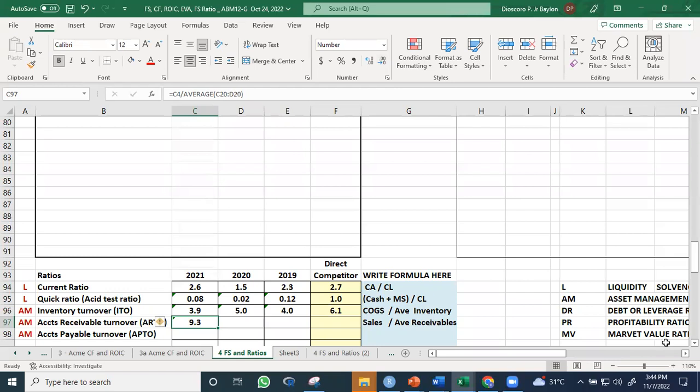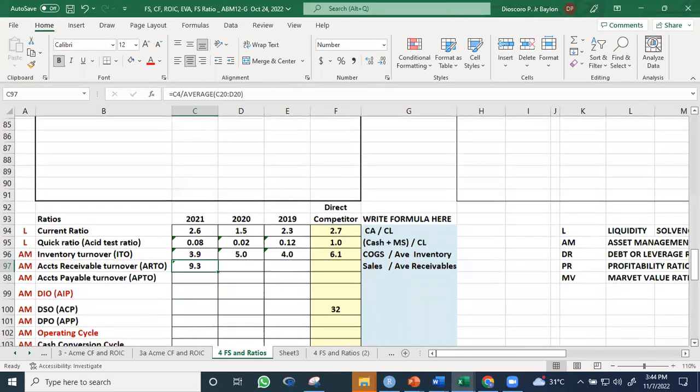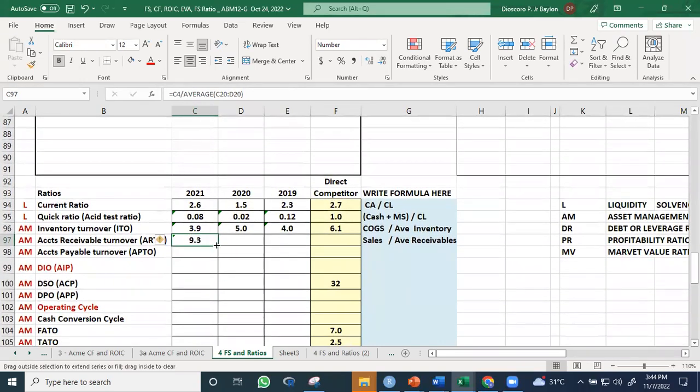No need to be 2 decimal place accurate here. All right. Okay, I lost a figure here. Sorry class. Lagyan lang natin ng 15. Just put 15 here. Okay. So what do we have here? Ano ibig sabihin nitong ARTO, yung accounts receivable turnover?